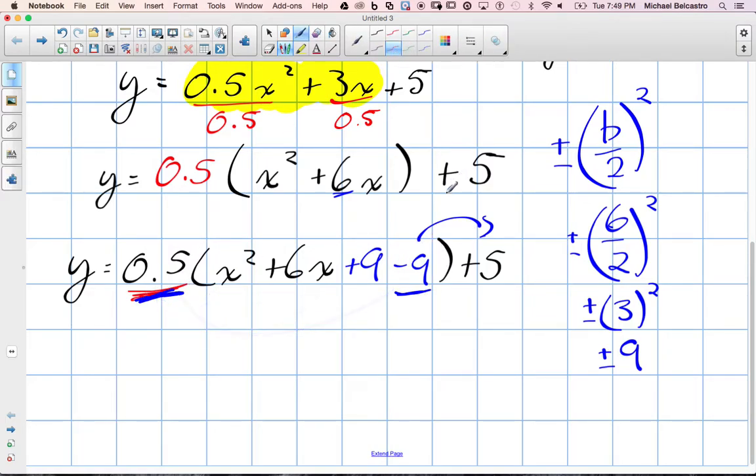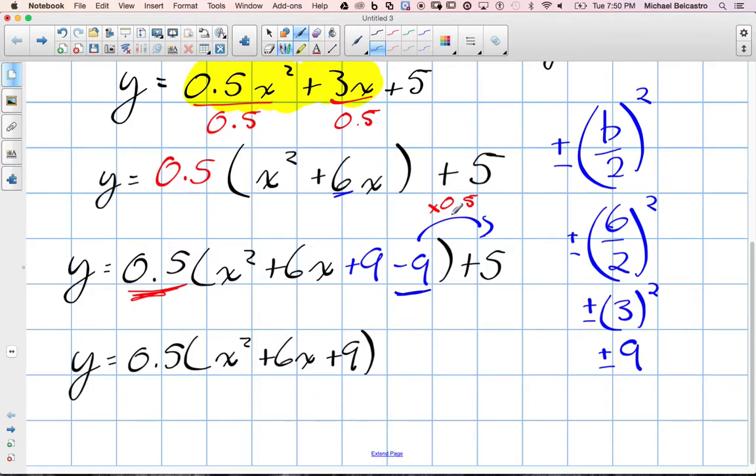So we take that 0.5 and multiply the negative 9 by it. So y equals 0.5 x squared plus 6x, we keep the positive 9, and then negative 9 times 0.5, you can use a calculator, is negative 4.5. So that's what happens when it comes outside the bracket. It became negative 4.5.